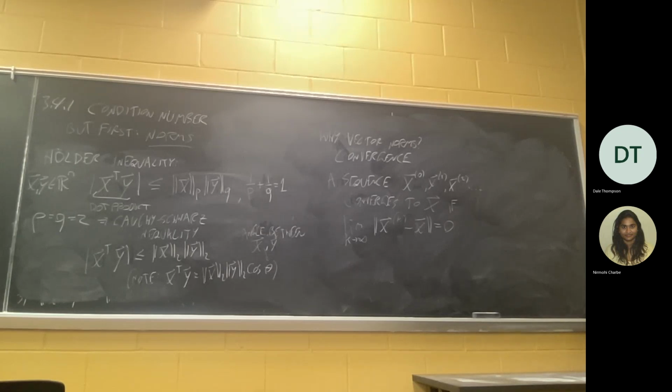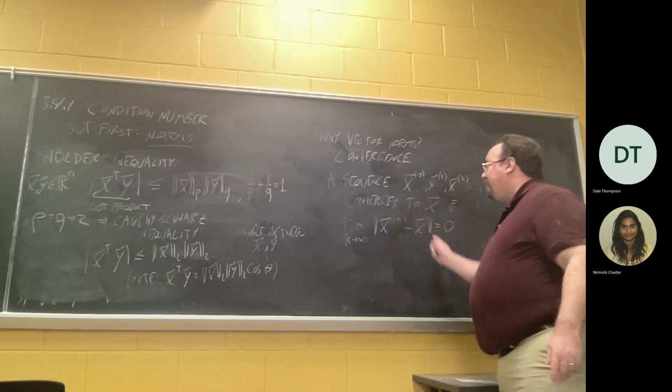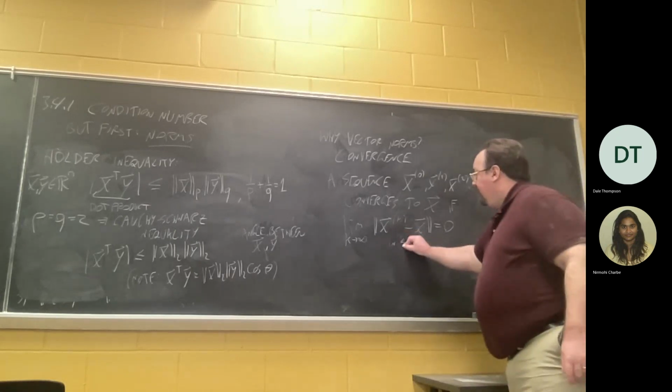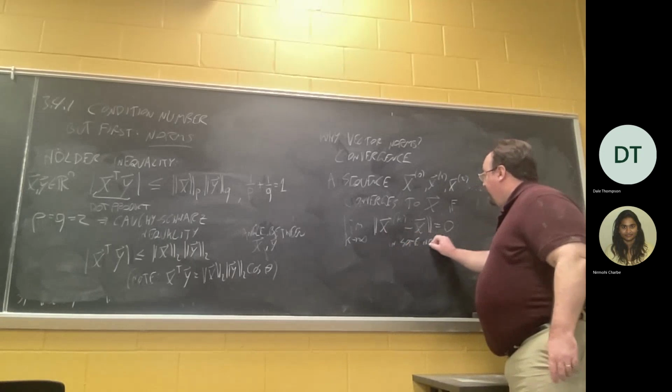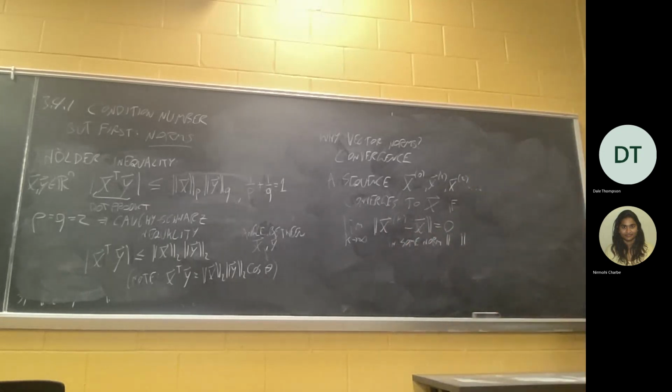So we think of the norm, rightfully so, as a distance. The norm of the difference of vectors is a distance between those two vectors. The distance between x^(k) and x must go to 0, in some norm. I've not specified what norm it is, but as you'll see in a moment, it's actually not going to matter.